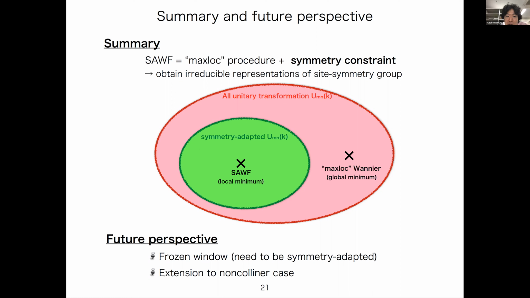Then the next question is, does symmetry-adapted Wannier function work without disentanglement? Yes. What I mean is that in the disentanglement case, we can have different windows for the outer window and the frozen window. But in the case without disentanglement, the outer window and the inner window are basically the same, and in this case it works.